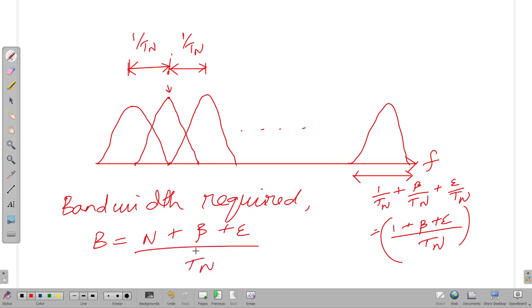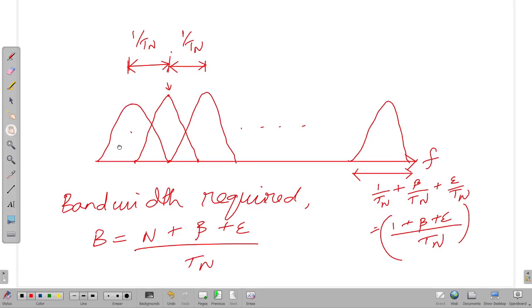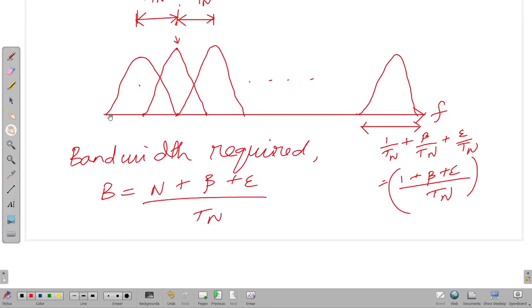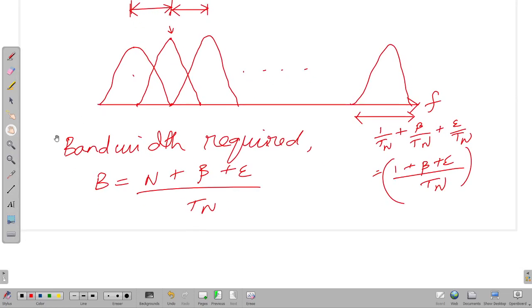So you will have n times 1 by Tn, and then these factors beta and epsilon, which are of course the contributions of the first and the last subcarrier. So the bandwidth requirement is less compared to the case where the subcarriers are not overlapping.